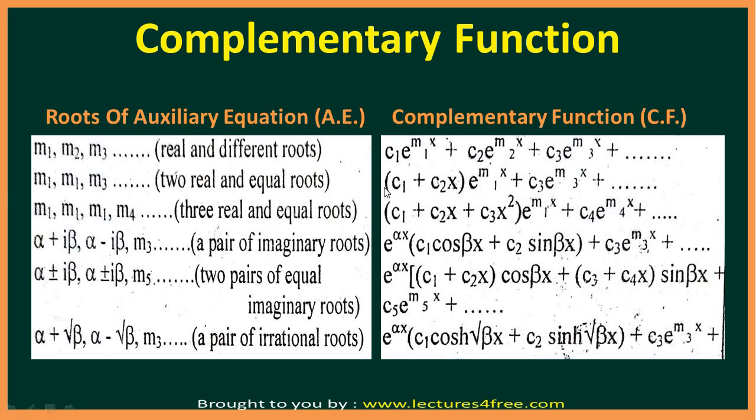Two roots, so you will get two constants c1 and c2, but since they are equal, you get a function like this: c1 plus c2x, and this whole thing is multiplied with the exponential term whose power is that real and equal root. And for the different root m3, it is the same as above.